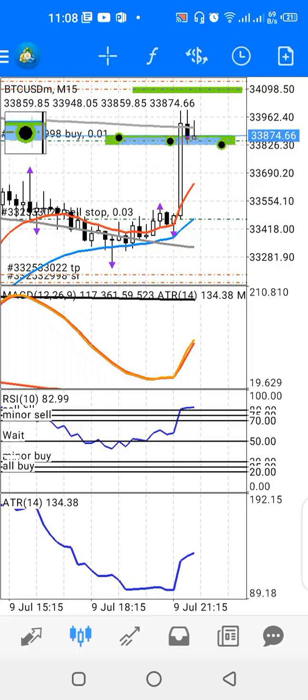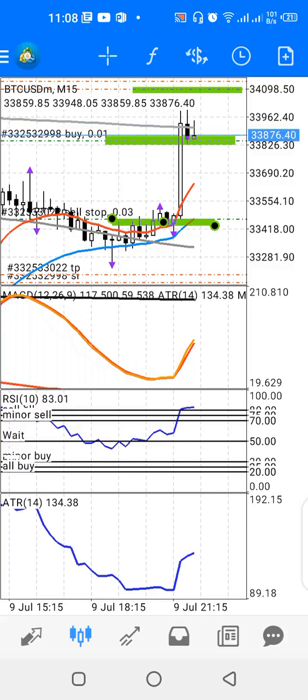If I'm using 0.02 as my initial trade entry, my hedge trade will be 0.02 times 3, that's 0.06. If I'm using 0.03 as my first trade, the corresponding hedge trade will be 0.09, which is 3 times 0.03. So that's how it goes.